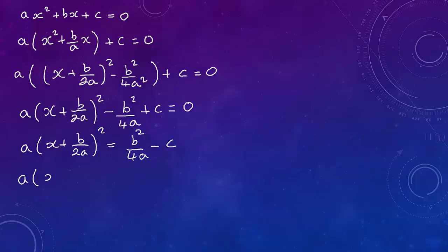Now my next step is to put the right-hand side over the common denominator of 4a. So the b squared is already over 4a. To get c over 4a, I need to multiply top and bottom by 4a, so that's going to give us 4ac.